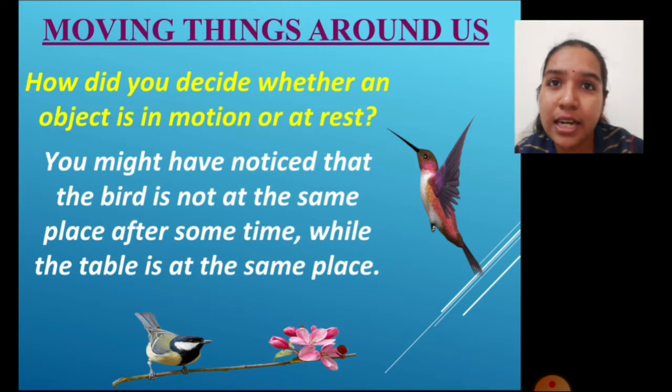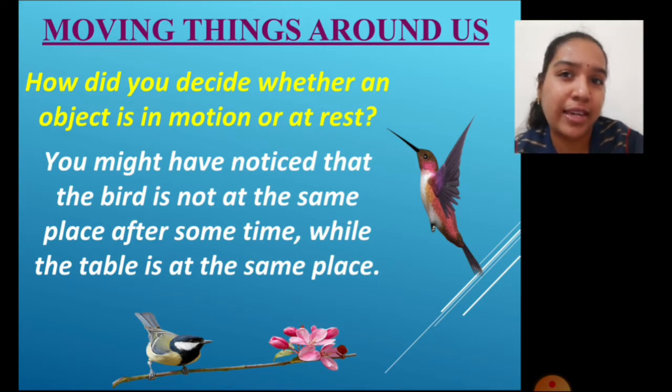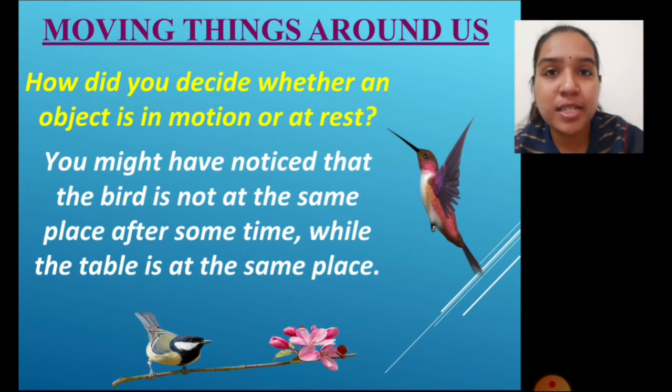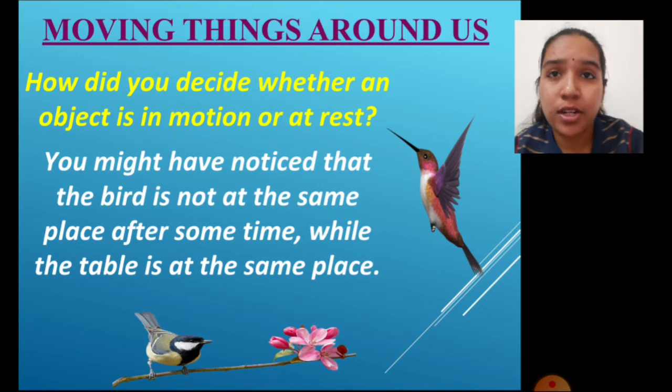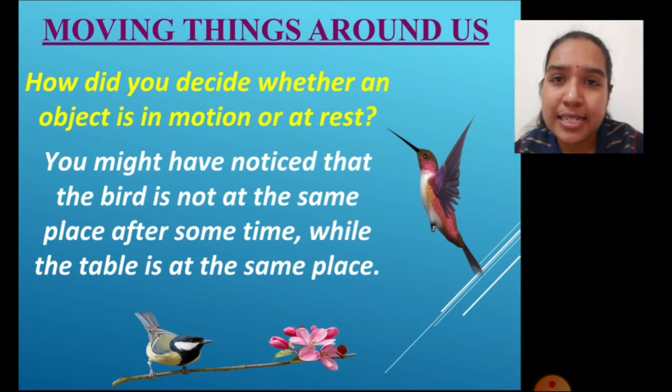You may see a bird. First let me explain. Does it sit there continuously without moving? After some time, it moves or it may fly away, right, to another place.